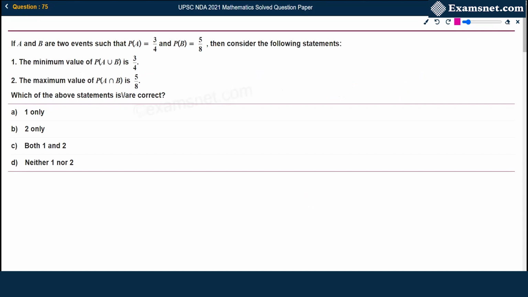In question number 75, it is given that A and B are two events such that probability of A equals 3 by 4 and probability of B equals 5 by 8. The minimum value of probability of A union B is 3 by 4 and the maximum value of probability of A intersection B is 5 by 8. Which of the above statements is or are correct?